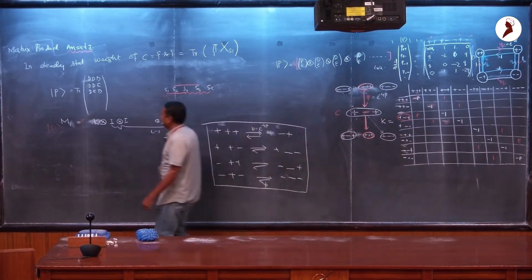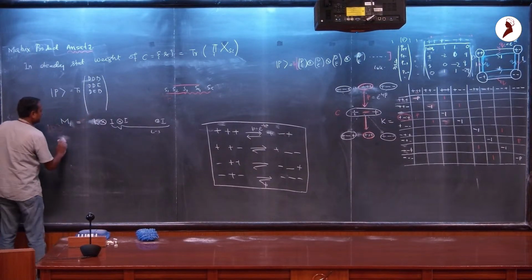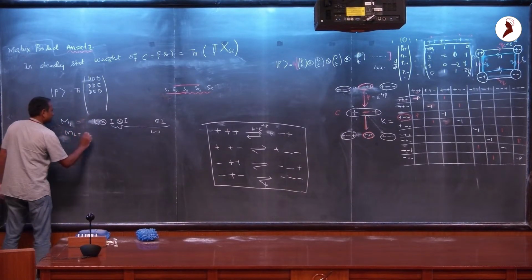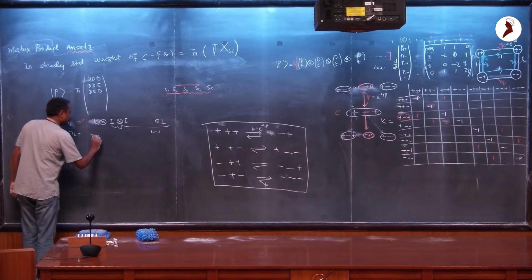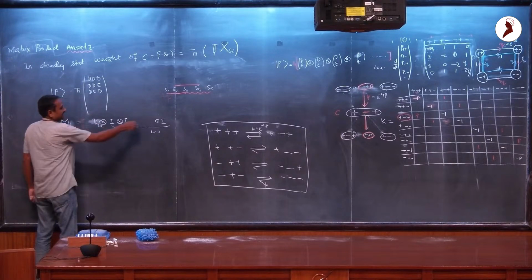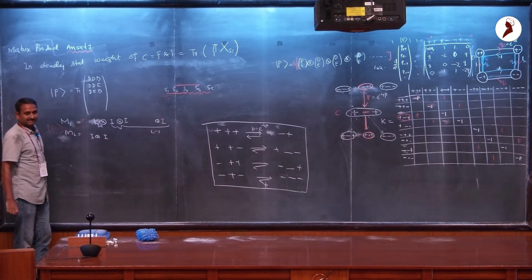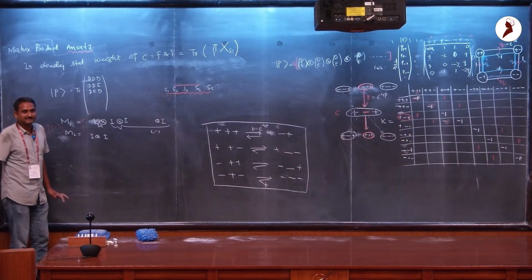And now I'm just saying that the matrix Mk equals I cross I, and this K is 8 by 8, and the total dimension of M1 is 2 to the power L by 2 to the power L. Agree?